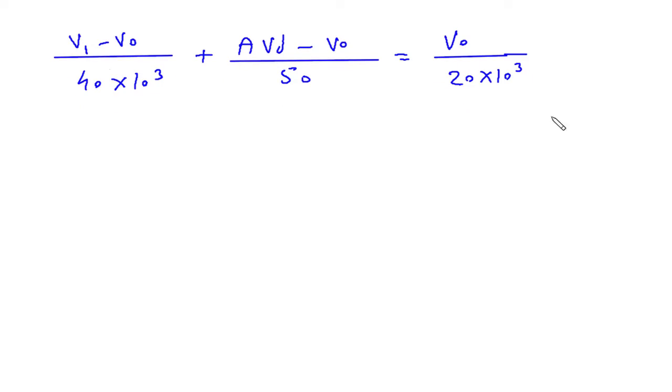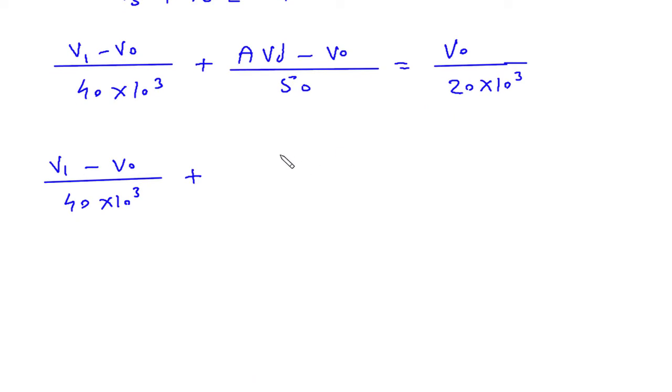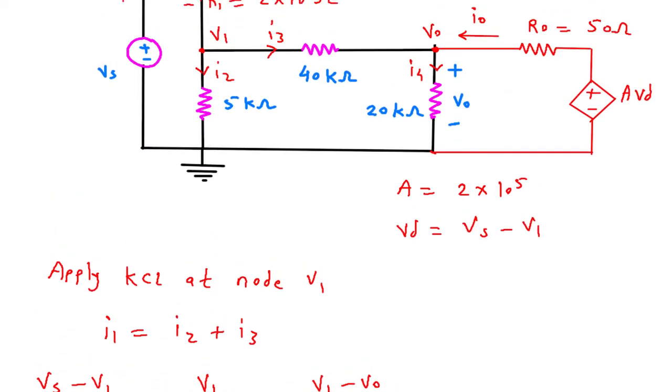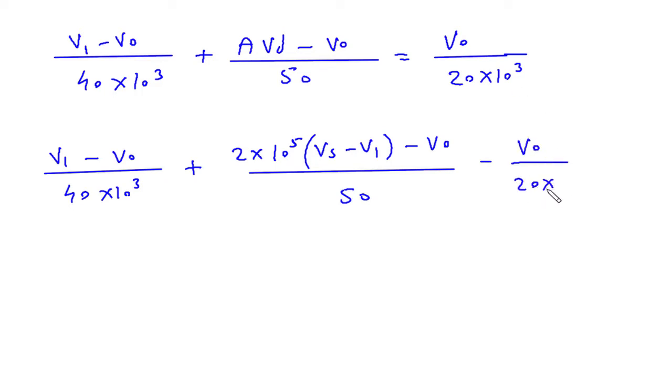Now we will simplify this. So this will be V1 minus VO by 40 into 10 to the power 3 plus the value of this A is given, it is 2 into 10 to the power 5. This Vd is Vs minus V1. Vs minus V1 minus VO divided by 50 minus VO by 20 into 10 to the power 3 is equal to 0.